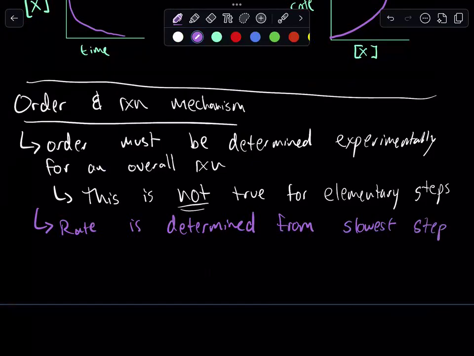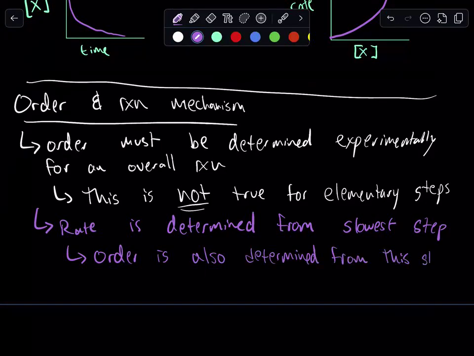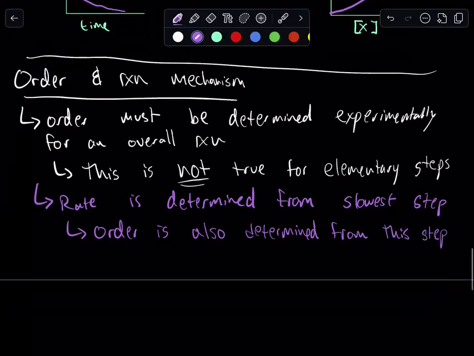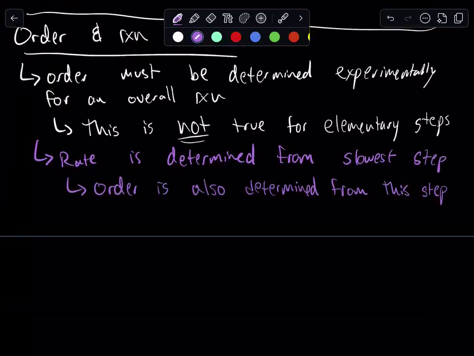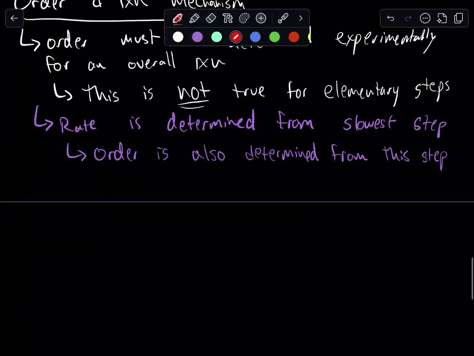That is what we would refer to as the rate determining step. Therefore, order is also determined from this step. So when we look at an elementary step, we can use that to determine both the rate and the order. So I think the best way to do that is through an example.